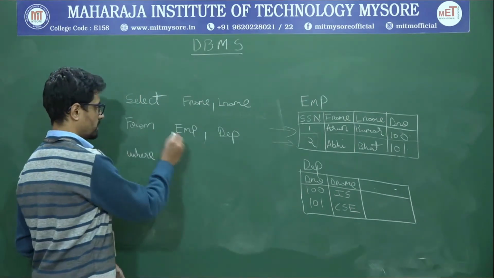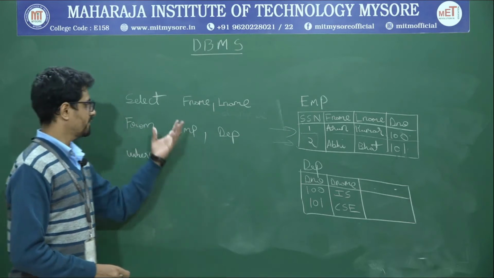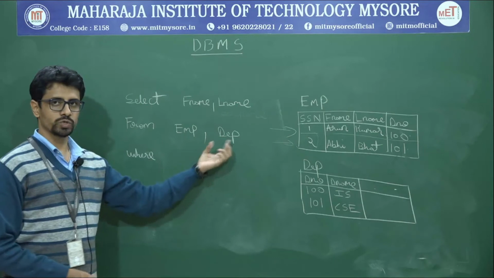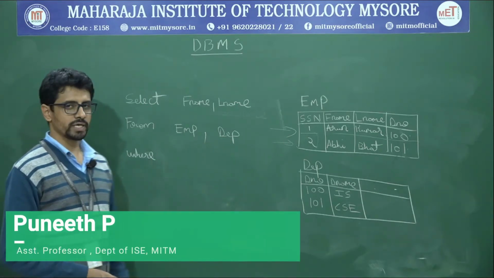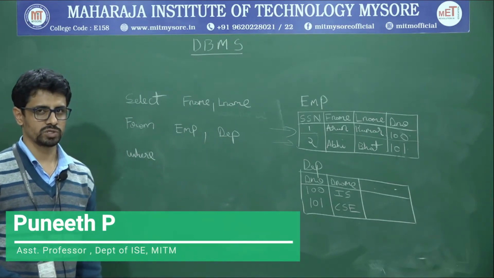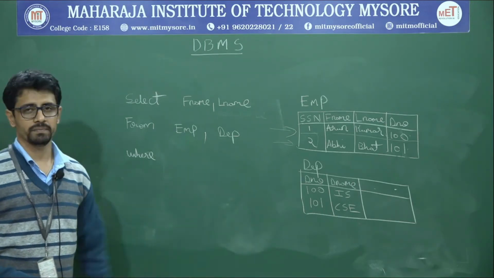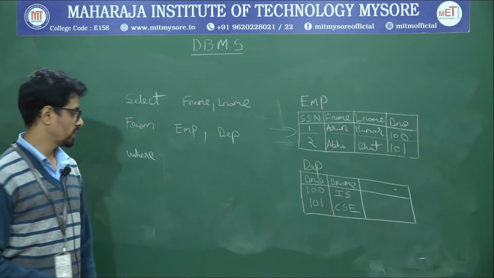Okay, so from, once we have this employee and department two tables being specified, you need to join these two tables. Now to join two tables, first thing you need to see is what is common across these two tables, that is department number in department table and department number in employee table.